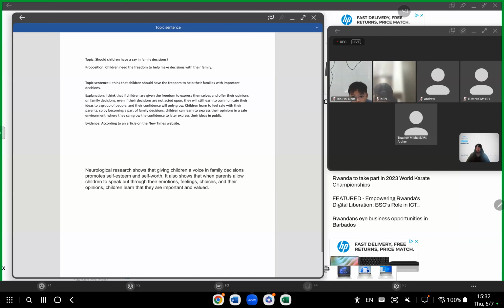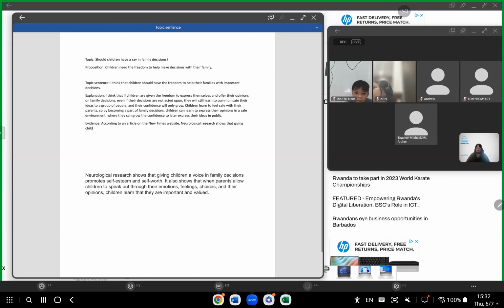So neurological research shows that giving children a voice in family decisions is good for their self-esteem and their self-worth.